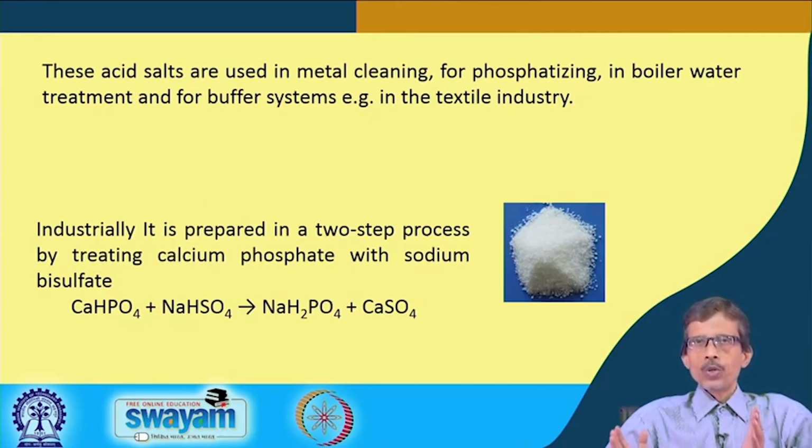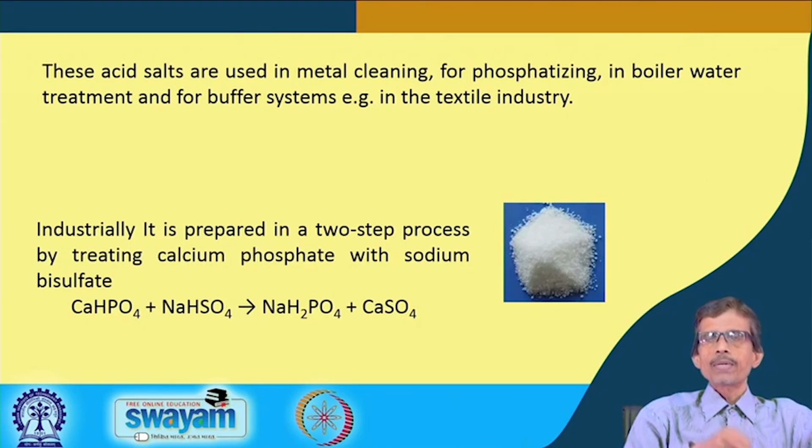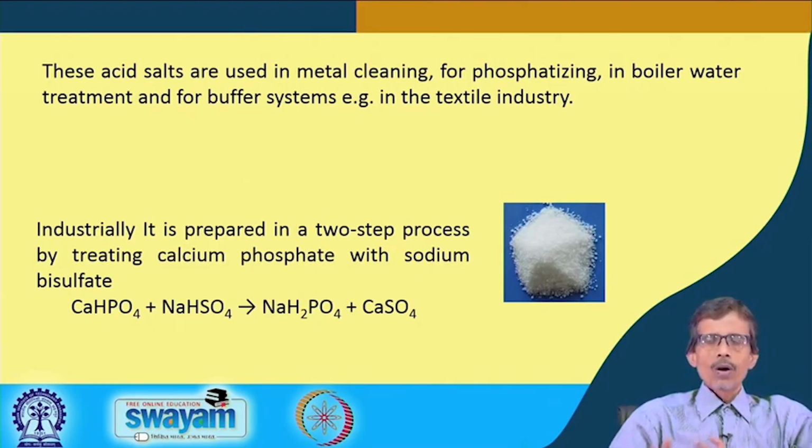If we know the 3 pKa values of phosphoric acid, we know which salt to use to get a typical buffer at a particular pH. So, the 3 pKa values control the corresponding buffer range for its buffering action.